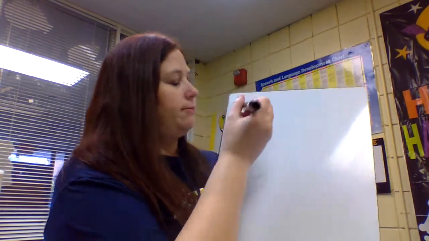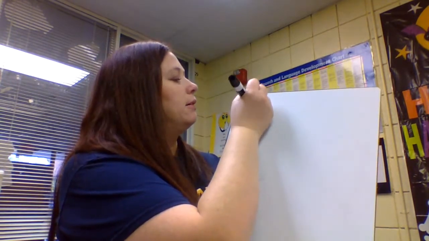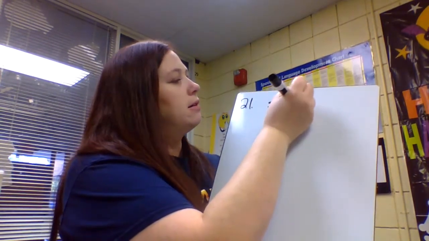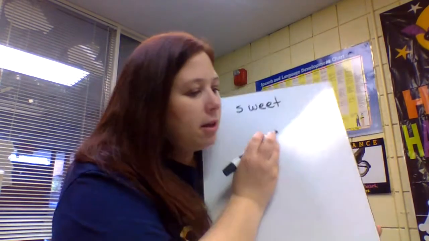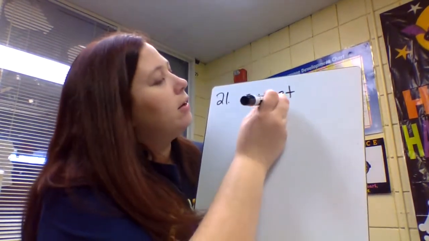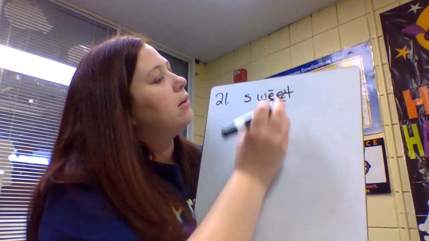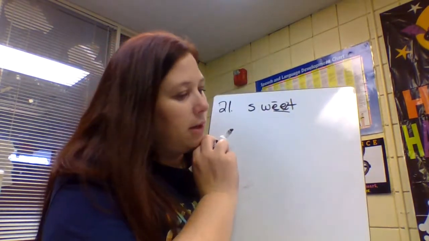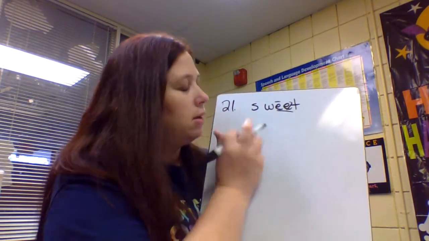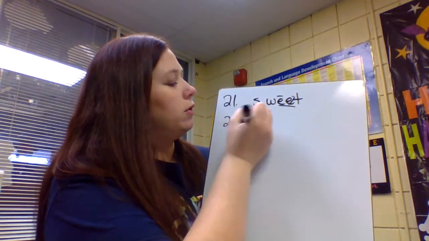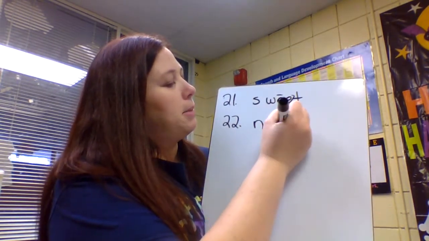Number 21, sweet. Here we have that EE digraph. So we cross off the second E. The first one says its name, and that's all we do for that one. Number 22, name.